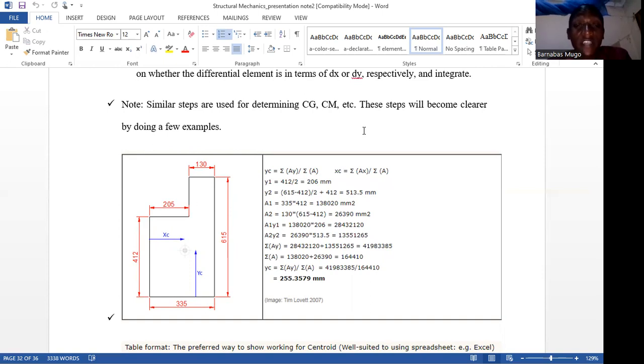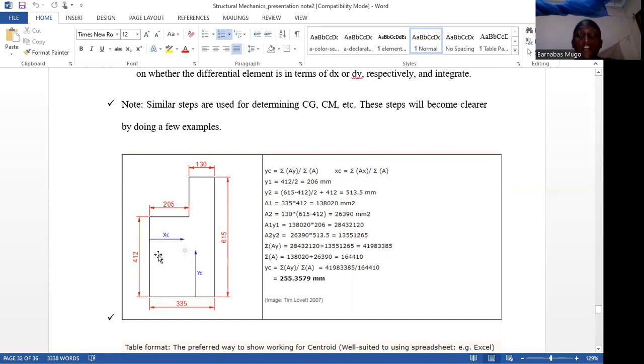So Y1 will be for the first, Y2 for the second. We need to divide this into two, 1 and 2. Y1 is the distance from the reference line to the centroid of the first, and Y2 the same case. We are subdividing it along this point, so that we have the lower rectangle and the upper rectangle.